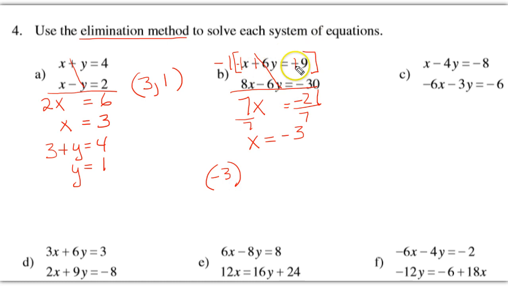And I can use either equation here. Let's use this one. Now we use the original, which was x minus 6y equals a negative 9. So my x is going to be a negative 3 here.